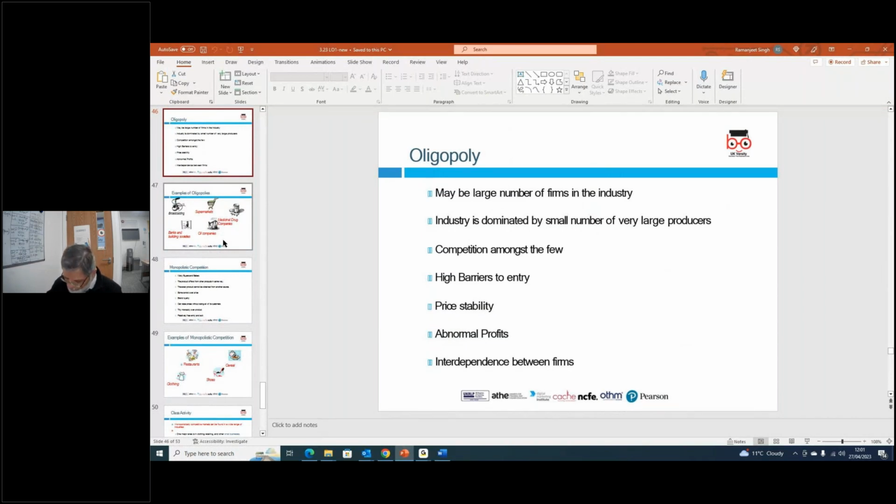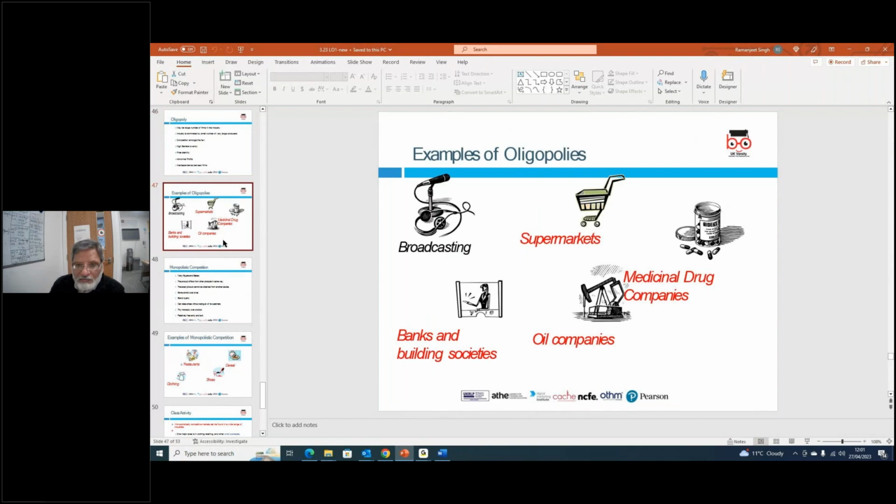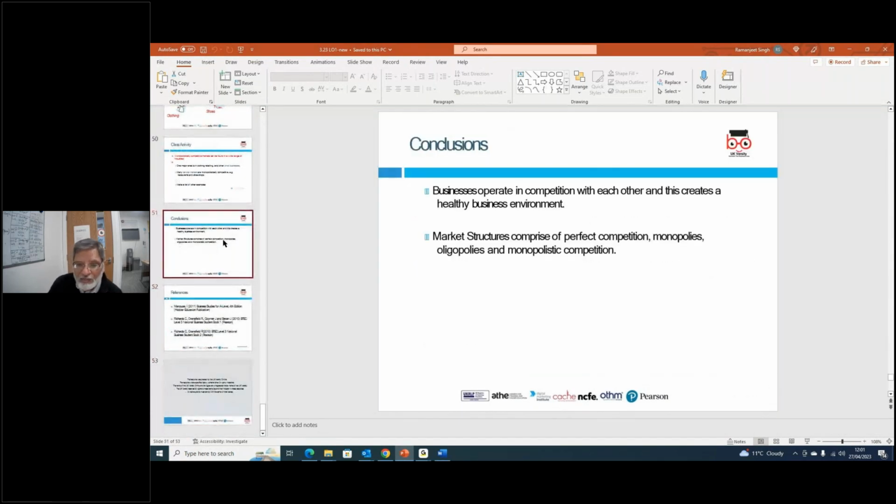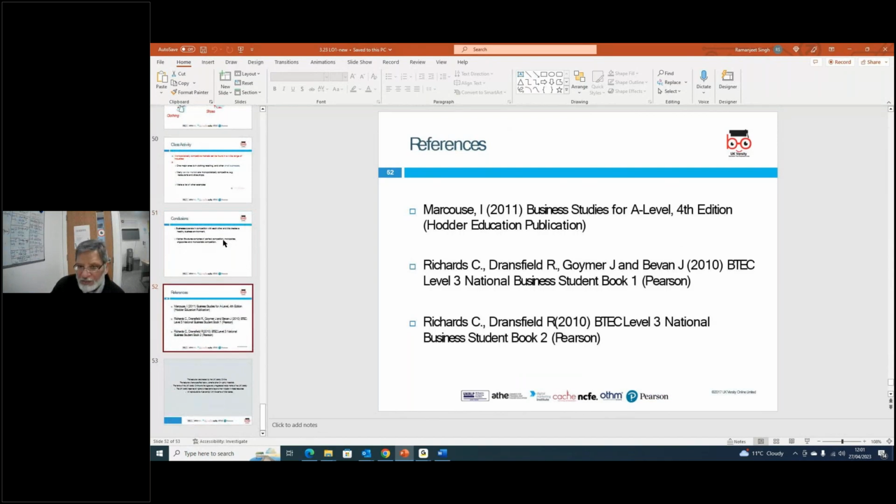You can read up a little bit on this. You can pick up any book on business organizations or business environment, particularly the two or three books on the references.